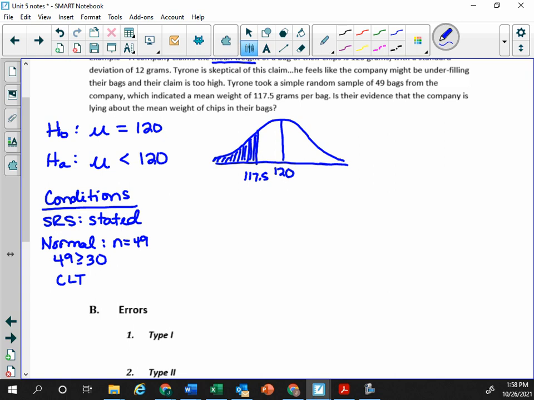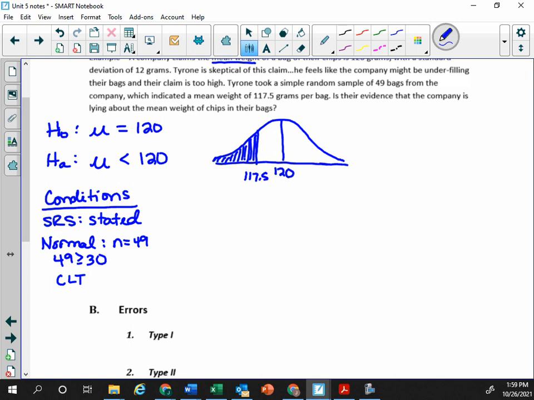That seems pretty likely. The truth is probably 120. But if you calculate it and you get a probability of 0.2% that this could happen, that's really unlikely if 120 grams is the true mean. And so that's where we get into our conclusion.